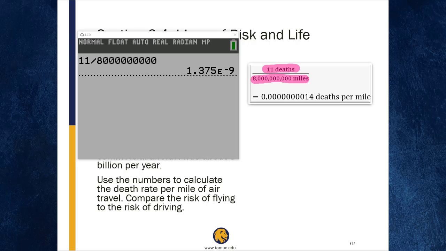To make this a little bit easier to read, I'm going to multiply this by 1 billion. When I do that, I get a much easier number to read. Here it's 1.375, but we're going to round that up to 1.4 to make it easier to read. That's what happens in the calculator when you get these really small numbers. A lot of times we're going to multiply by another number to bring it into something more reasonable.